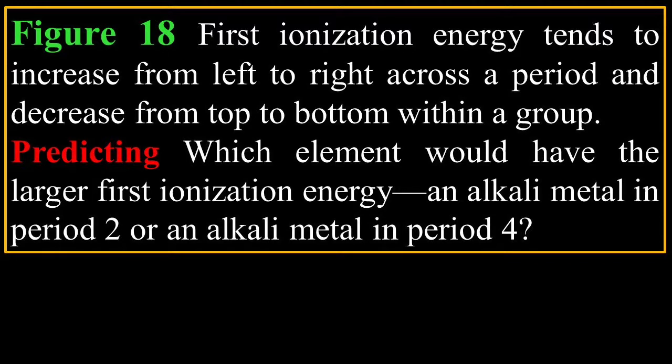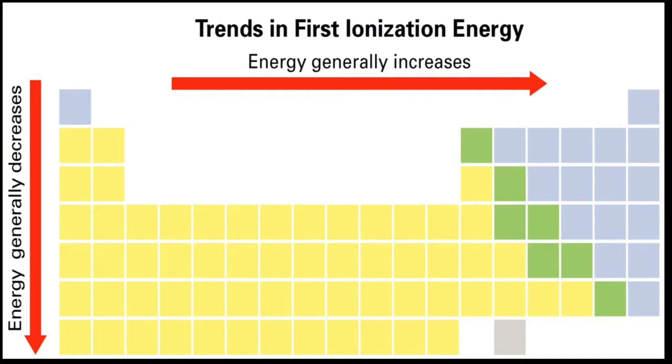Predicting which element would have the larger first ionization energy, an alkali metal in period 2 or an alkali metal in period 4. Remember, you have to play nuclear charge against shielding effect. So that's the trends in first ionization energy.